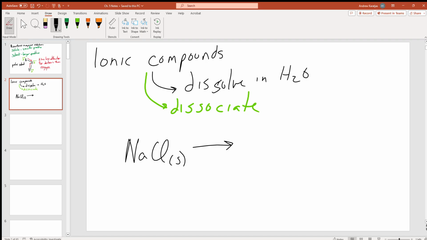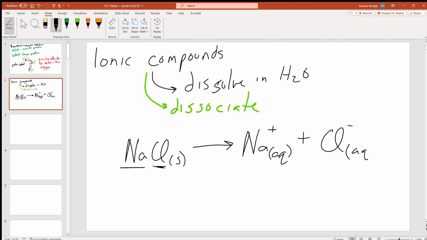But what actually happens when it dissolves? Well, these two ions, the sodium plus and the chloride minus, will actually dissociate, meaning they're not as close together as they were.